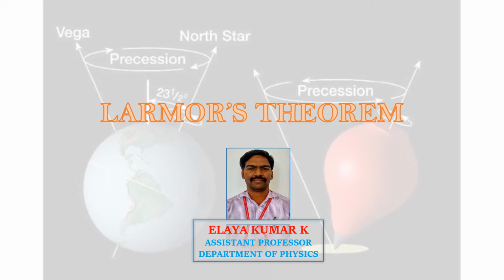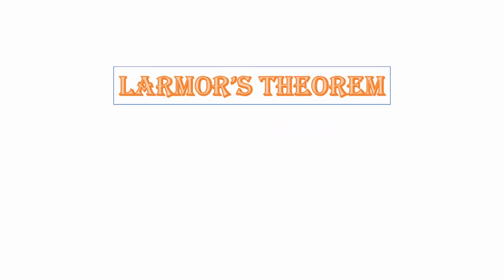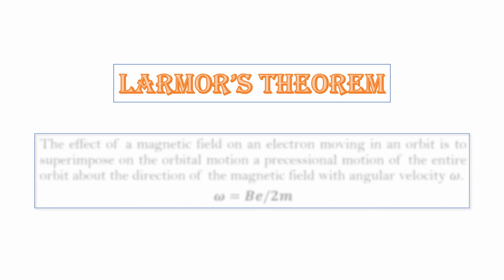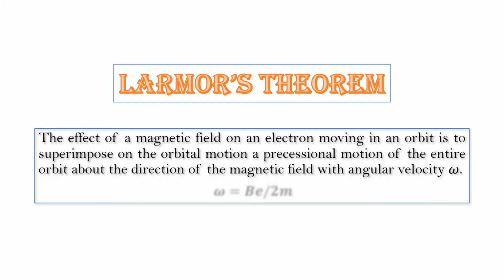So first you see the statement of the theorem. It says that the effect of a magnetic field on an electron moving in an orbit is to superimpose on the orbital motion a precessional motion of the entire orbit about the direction of the magnetic field with angular velocity omega.